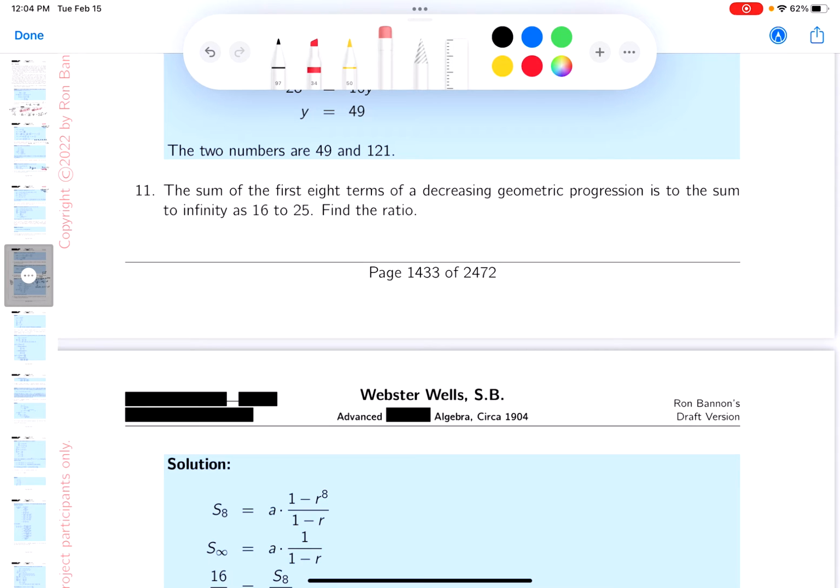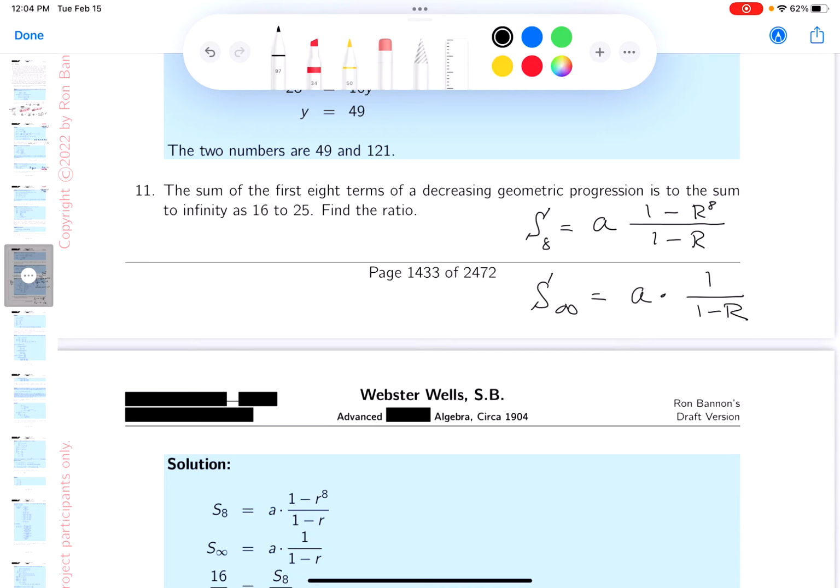So S8 is going to be A times 1 minus R to the 8th over 1 minus R. This is some formula that we've known from prior sections. And then they also talk about the infinite sum. What's that going to be? A times 1 over 1 minus R.